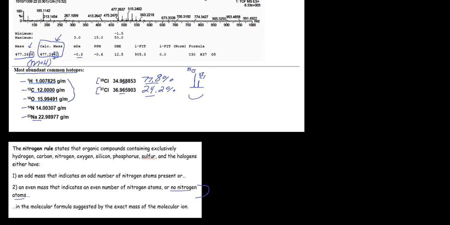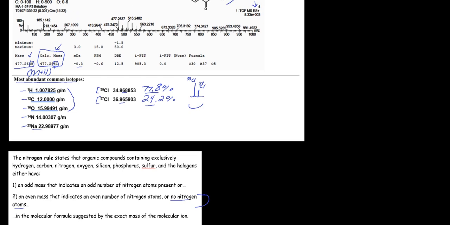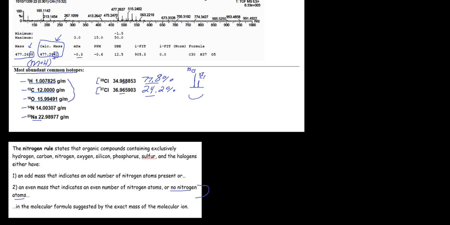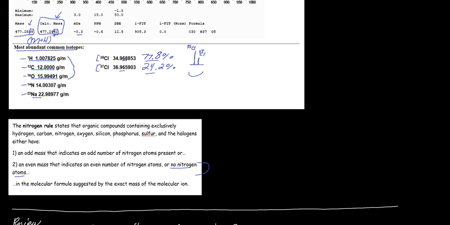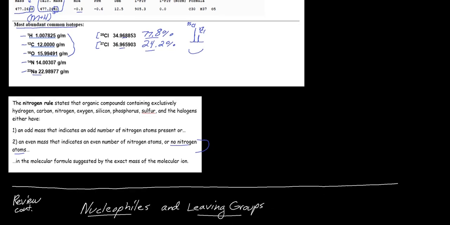And as you see, it does have an even mass of 476 when you remove the extra added hydrogen. Okay, there's lots more you could go into with mass spectrometry. There's a whole science of how fragments are formed and whether those are predictable for compound classes and so forth, but stop at this point.